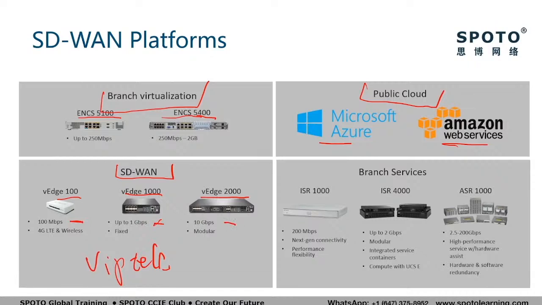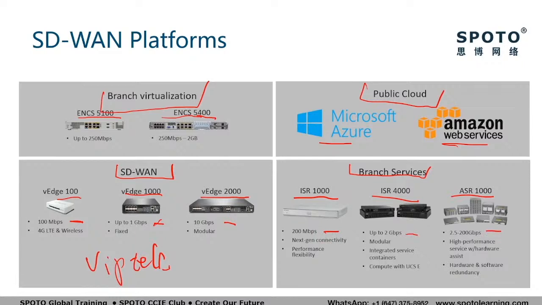The last one is branch services hardware appliances. This is the general Cisco product line, like ISR 1000, ISR 4000, and ASR 1000. SD-WAN is natively integrated in the IOS XE software image. As it shows here, it's more about different throughput.